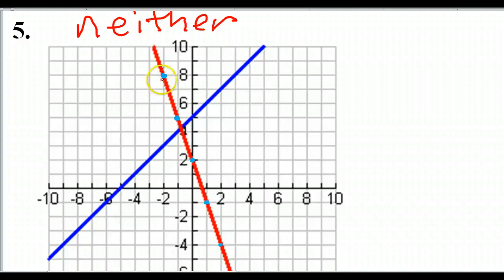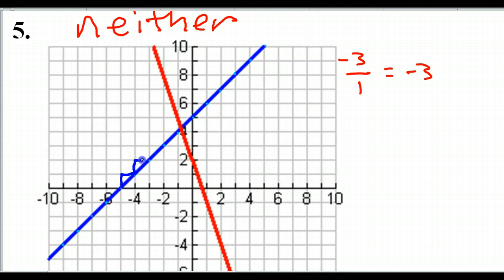Alright, let's find the slope of the red line. It's down 3, right 1. That's negative 3, positive 1. Okay, so the red slope is negative 3 over positive 1, which of course would simplify to negative 3. Now let's do the blue line. It is going up 1, right 1.